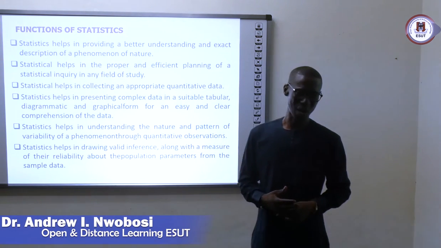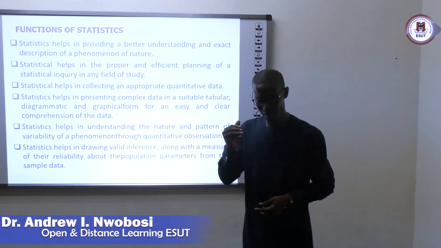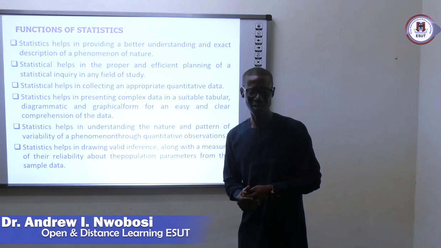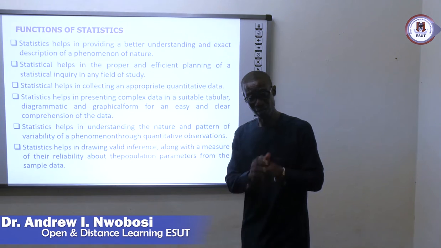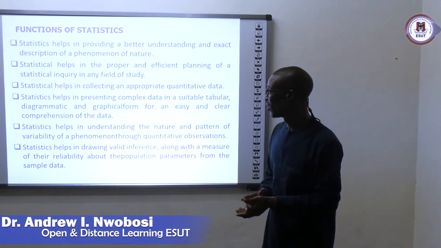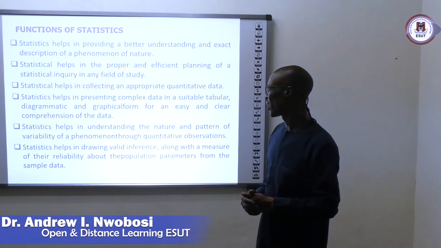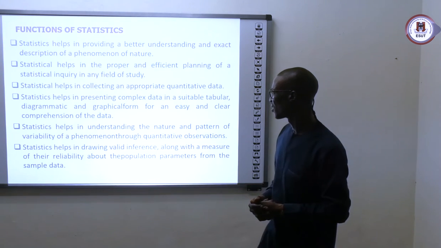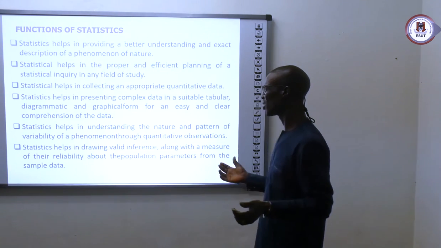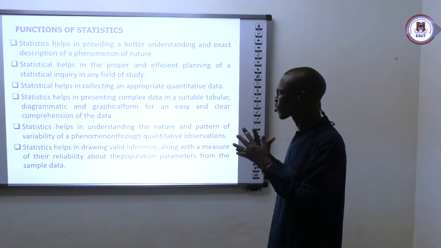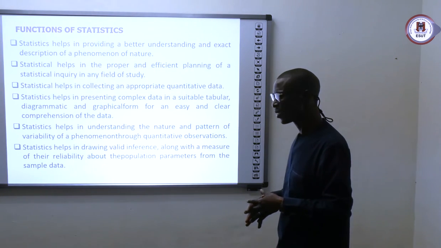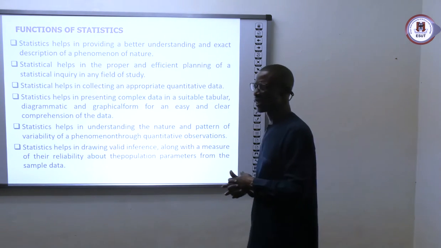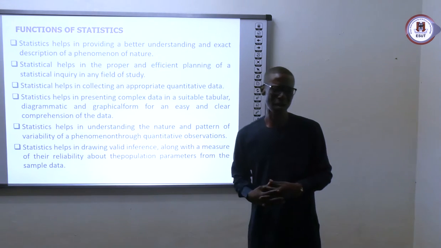Whatever experiment you are carrying on, without having it analyzed statistically, or without applying good statistical method, your findings may be in error. So statistics helps us to analyze complex data. There are some data, like we said, that are too complex to analyze.